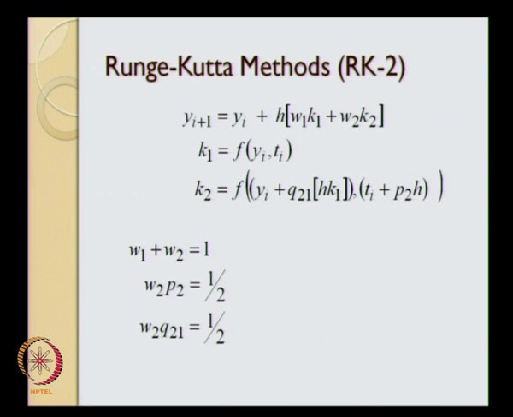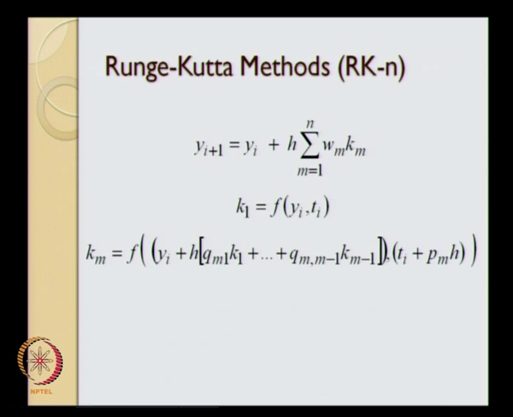The RK2 method I had just written down on the board, and I had gone over these particular expressions in the previous lecture, and we write the weights in this particular form. The q22 weight we are not going to use, and so for different values of weights we will get the midpoint method, Heun's method and Ralston's method.